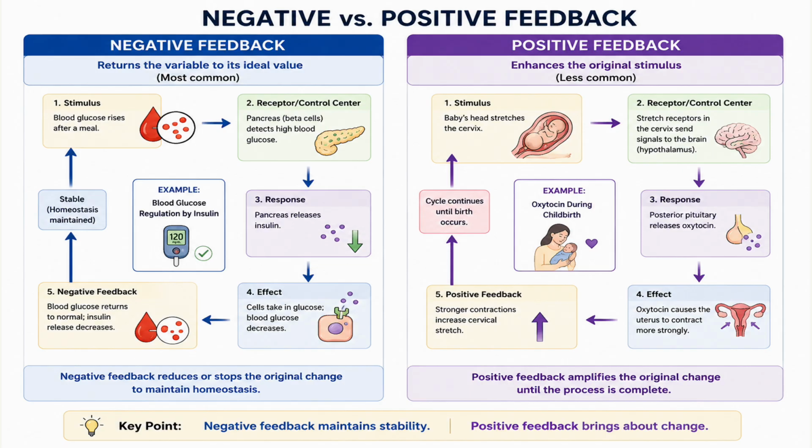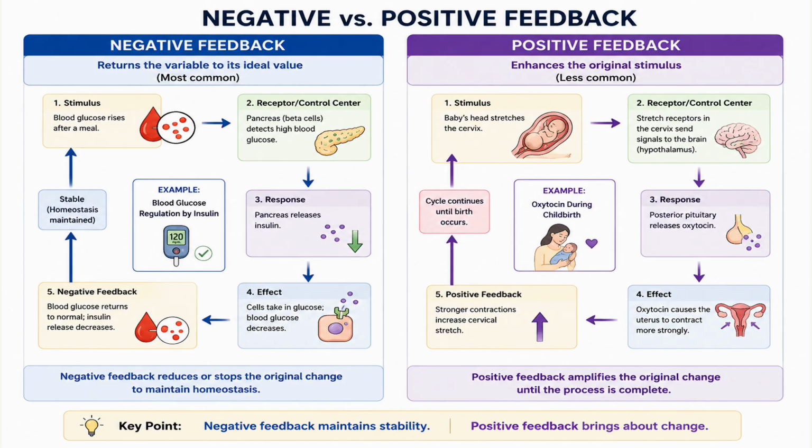Now, this additional stretching triggers the release of even more oxytocin, right? So now it's amplifying it, increasing it because it has to continue and continue and continue. So creating a cycle of increasingly powerful contractions. Because remember, the cervix has to dilate 10 centimeters for that baby to come out. And so it's going to keep releasing that oxytocin till that happens.